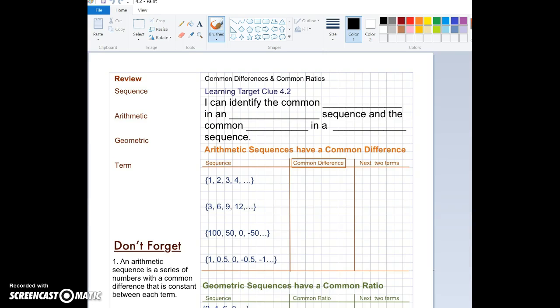And our learning target clue is: I can identify the common difference. So you're going to write the word difference. I can identify the common difference in an arithmetic sequence and the common ratio in a geometric sequence.